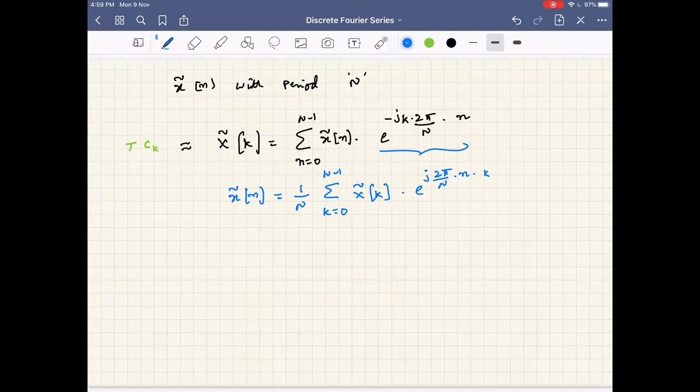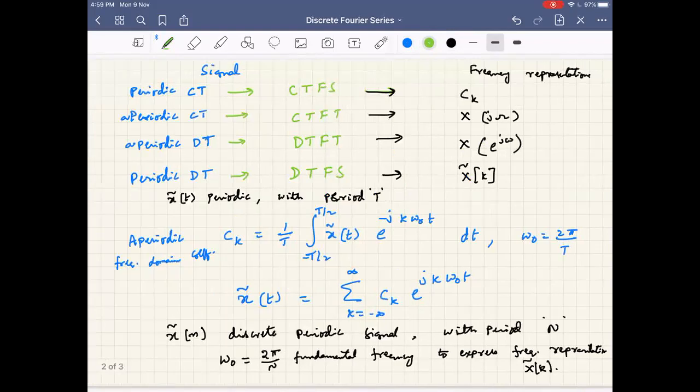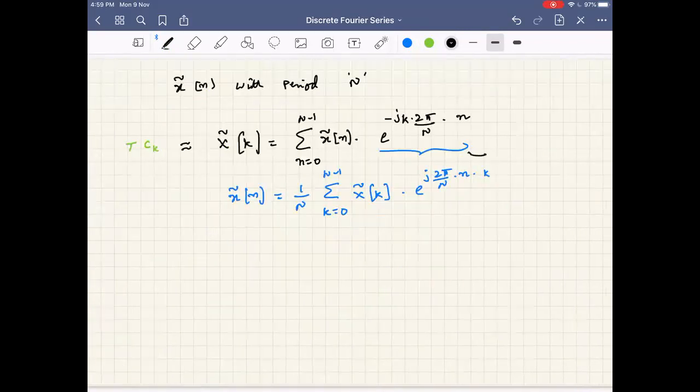Why the summation is from 0 to N minus 1 for the frequency is because there is a difference between the discrete complex exponential and the continuous time complex exponentials. What is the main difference? These continuous time complex exponentials are not periodic in k, whereas these discrete exponentials are periodic in k.